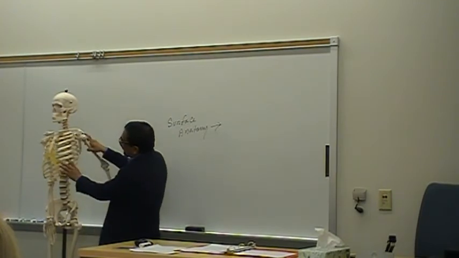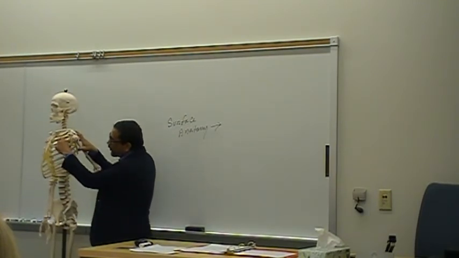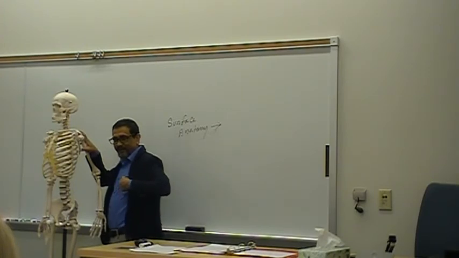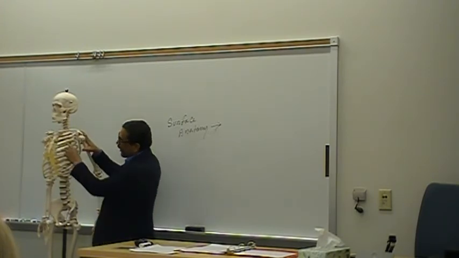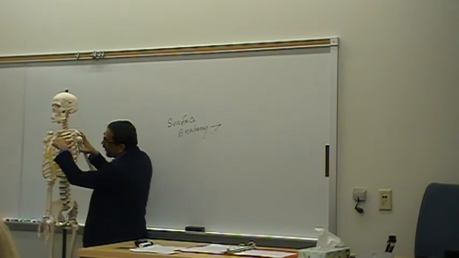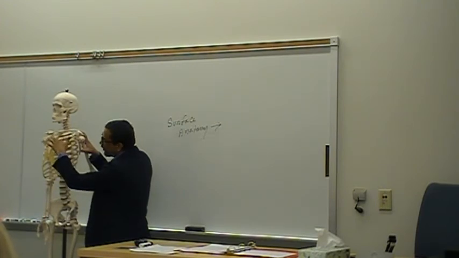By counting the ribs, from outside I can feel the ribs, right? By counting the ribs, I can tell the location of the heart inside your body, because we know that the heart is located between the second and fifth intercostal spaces. So this is the second space between the ribs.